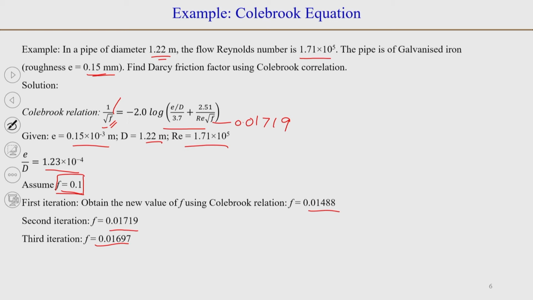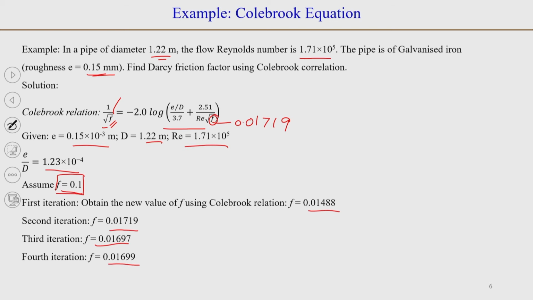If you restrict it to 3 digits only, the percentage difference will be very small, but just to see how accurate it can become, in the fourth iteration using the value 0.01697 here, we get the new value 0.01699, and when you do it again with 0.01699, the next value is again 0.01699.